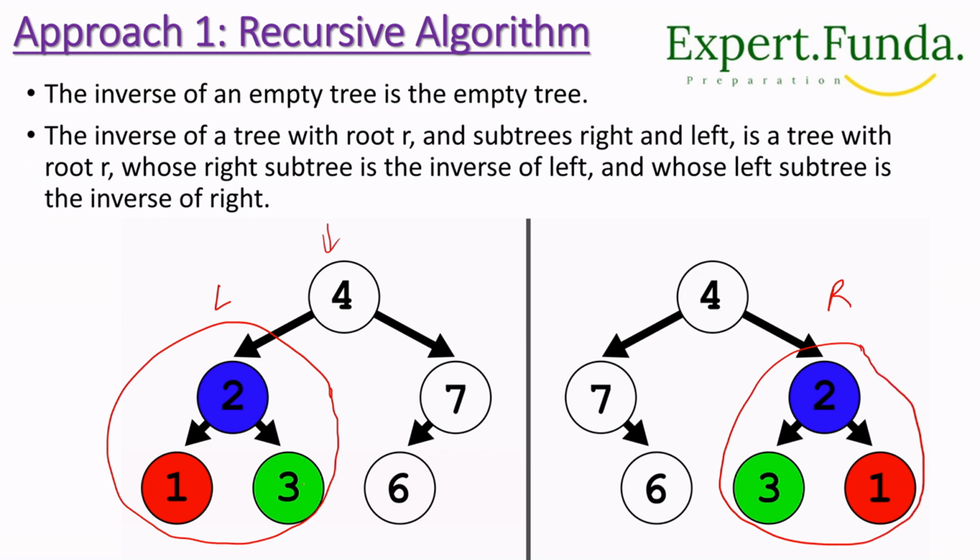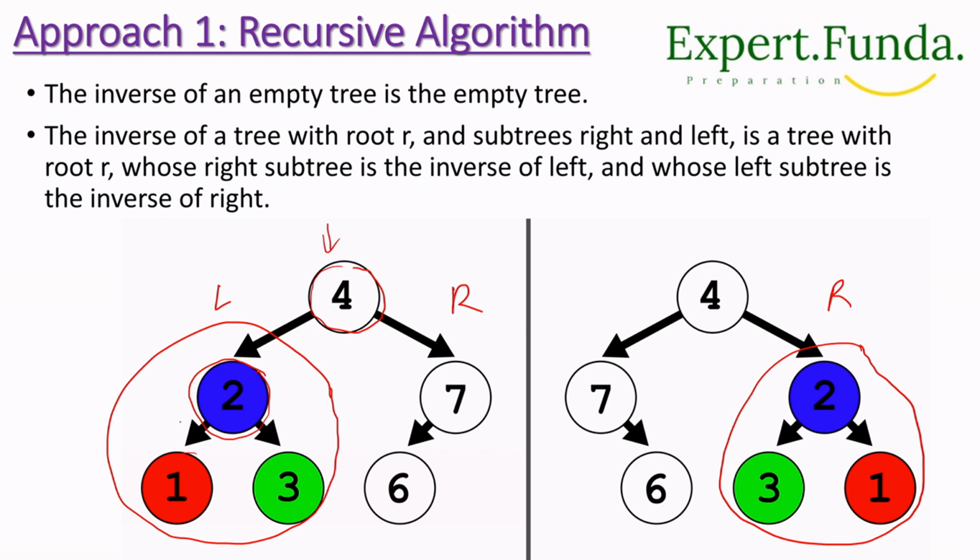And similarly its children. First we will do the recursion on this root, so we will work on its left and right child. Similarly, if we consider this one, we have to do the same with 1 and 3. The same rules we have to apply on its children.